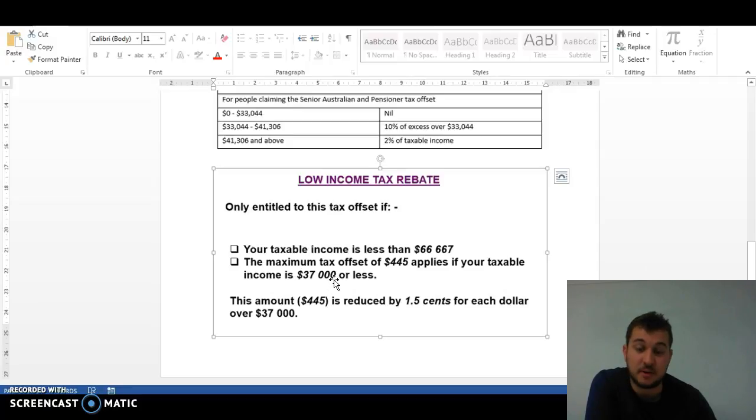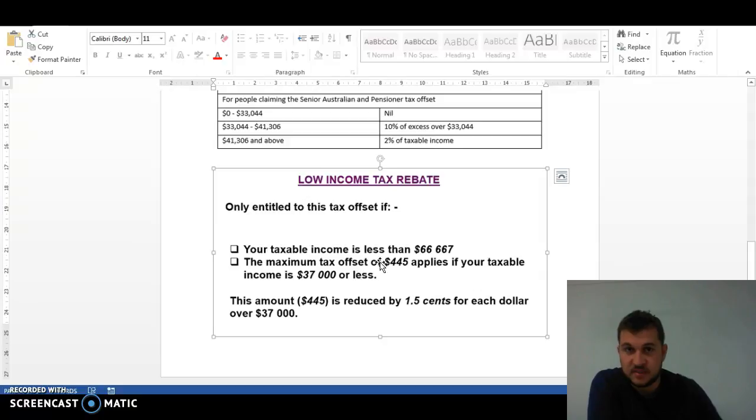Now that's really easy to work out, because if your taxable income is under $37,000, you don't need to do any maths. You just automatically get $445 off. If you're between $37,000 and $66,000, then the amount gets reduced by 1.5 cents for each dollar over $37,000.